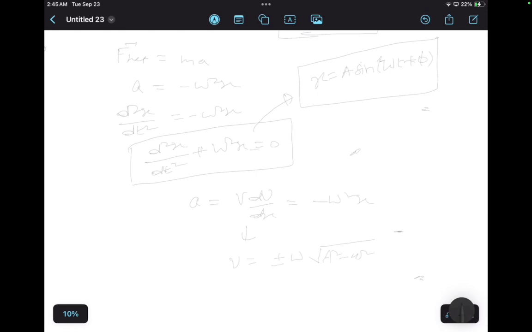This is our velocity, obtained by integration. Then from this velocity, we can write velocity as dx upon dt, and from this we get x as a function of time t. This will be our approach to derive this. But it will come up in many situations, so our aim is to just remember this differential equation. Okay, so thank you.